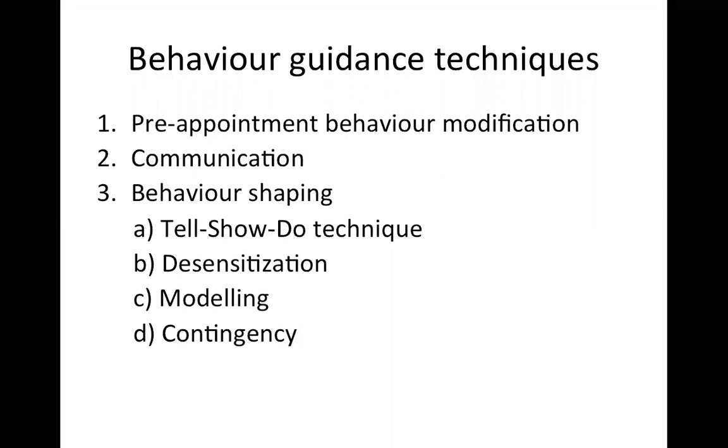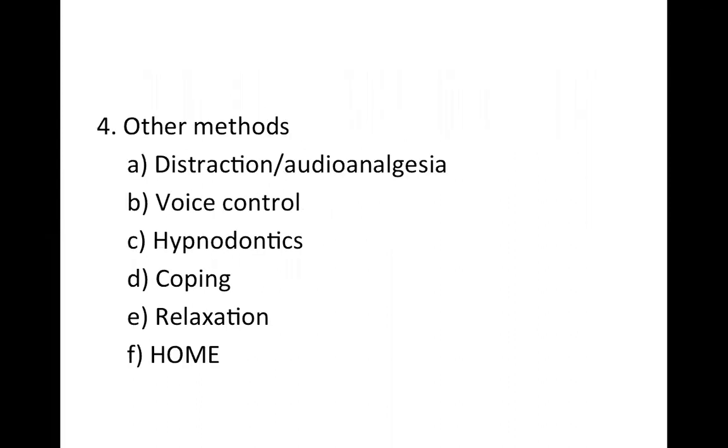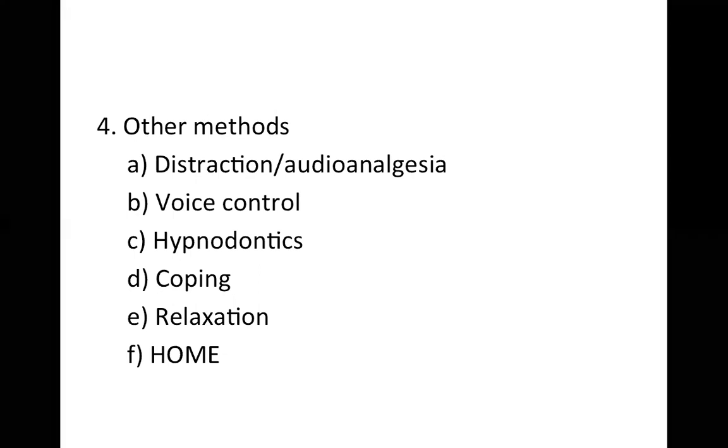And then the communication. Behavior shaping begins off with the tell, show, do technique. We'll talk about it in the next slide. Desensitization, modeling, and contingency. So other methods are distraction, voice control, hypnodontics, coping, relaxation, and home. We'll talk about them in detail in the further slides.